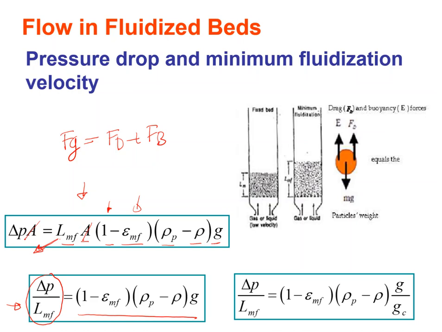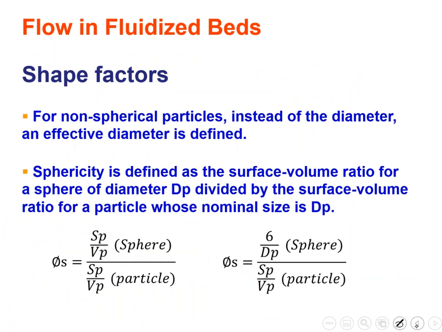If I want it in the English system of units, then I have to watch for the conversion, using the GC when I want to go from SI to the English system. So this is the second equation, and we derived it from the force balance. The first equation was derived from the volume balance. So this is the second concept.